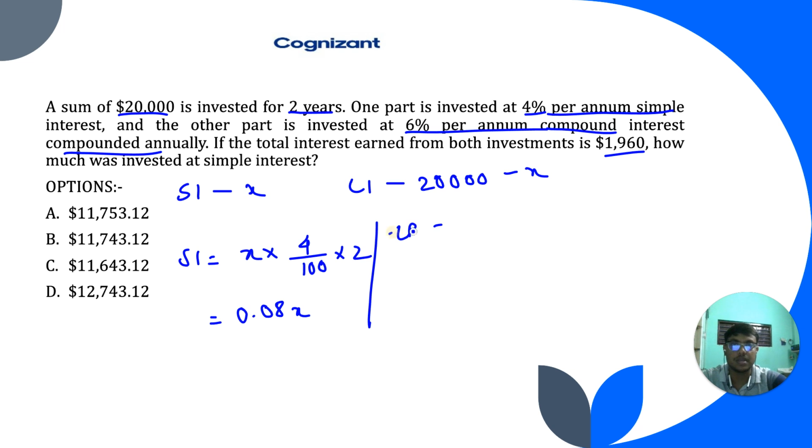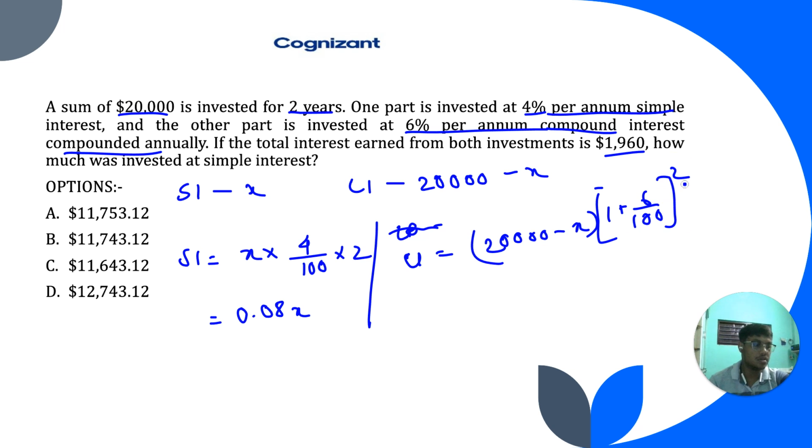Next, we need to find the compound interest. So compound interest can be calculated as the principal amount, 20,000 minus x, into 1 plus 6 by 100, that whole square, minus the principal amount, 20,000 minus x.